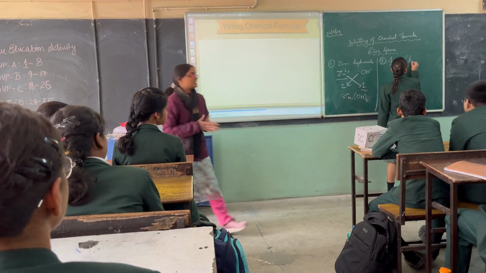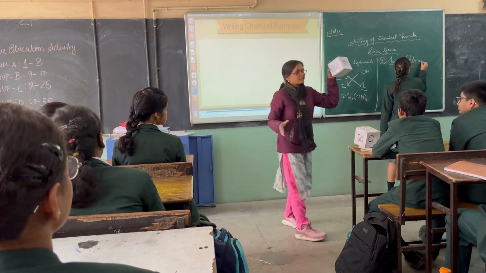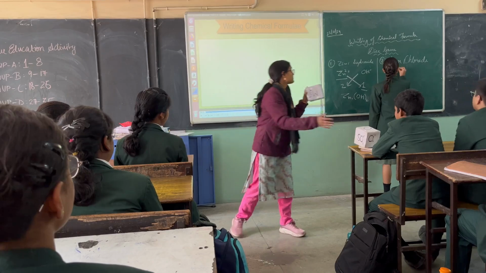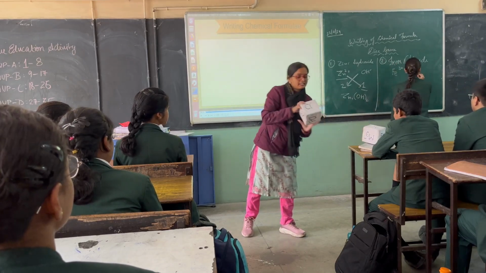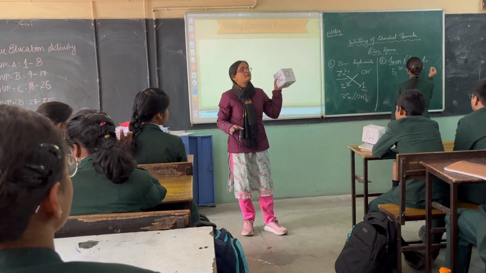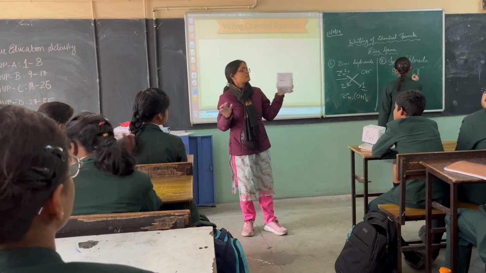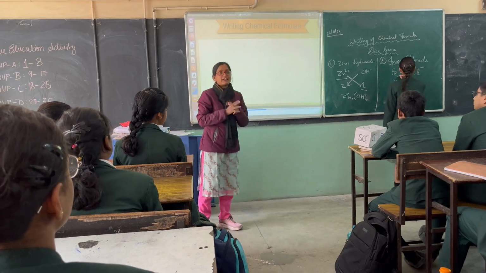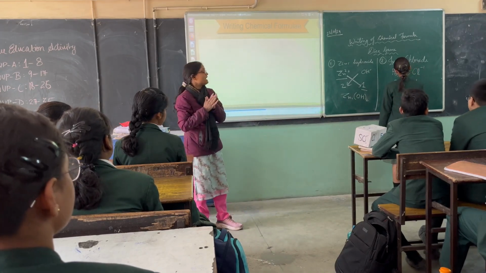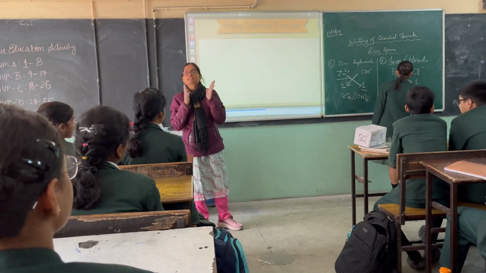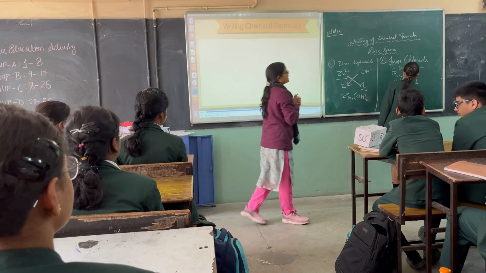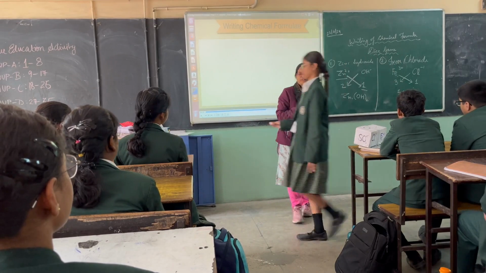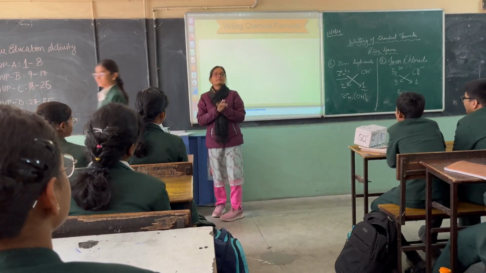What is the valency of iron here? 3. Symbol is Fe3+. And what is the symbol of chloride? Cl, charge 1 minus. So we will write their valencies just below the symbol and then crisscross multiplication. The formula of iron chloride is FeCl3.